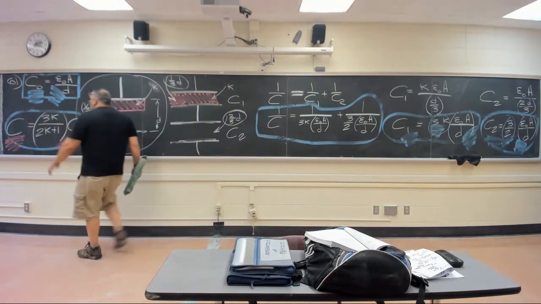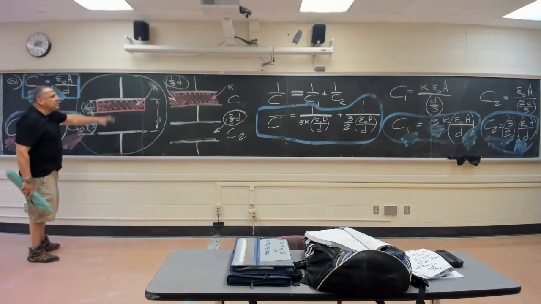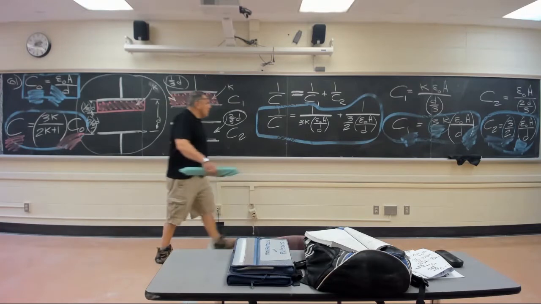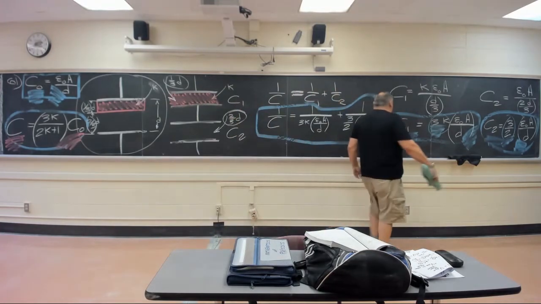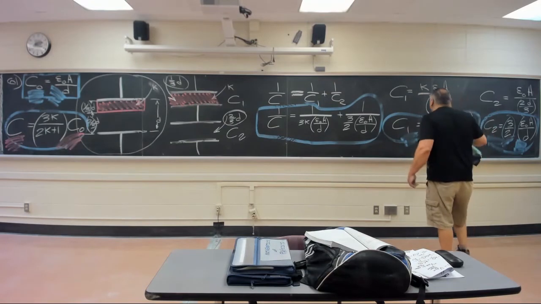Absolutely. E naught A over D is the standard capacitance. That's what it would have been before you did all this business over here, guys. So that's the original C sub 0 that was on there. Okay, we got this.